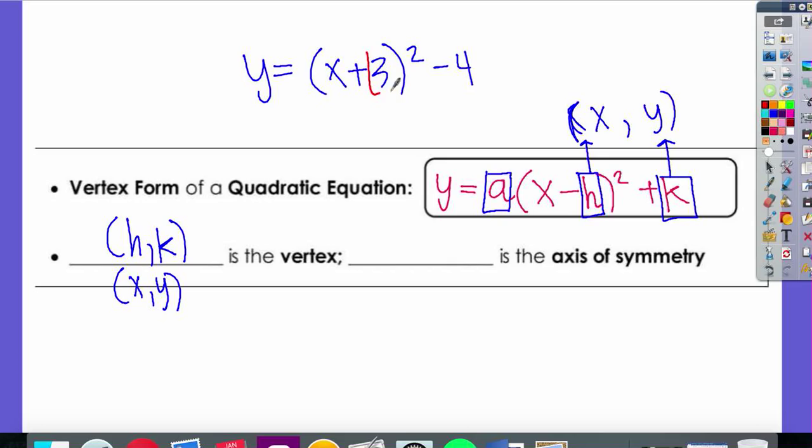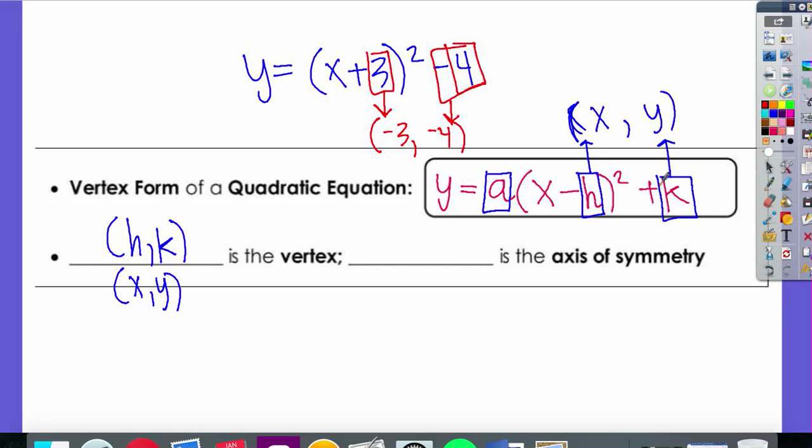When I pull this 3 out, I've got to remember that it's really negative, and the outside value, the y value, is very easy. It's doing exactly what it's saying. If it's negative, it stays negative. If it's positive, it stays positive. It's just the inside of the parentheses, this h, which represents the x coordinate, that we have to be careful of because the original formula has a minus.